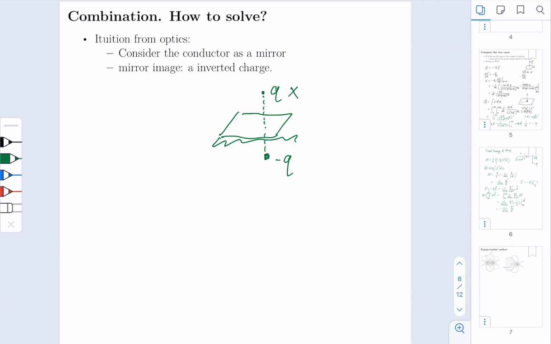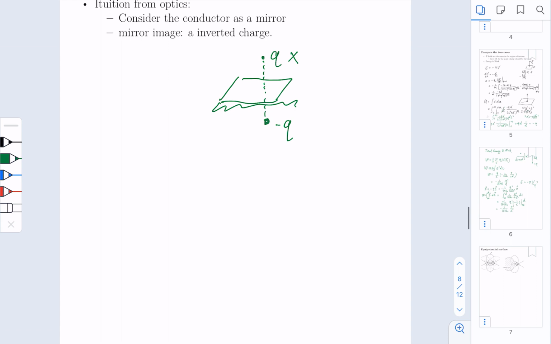And you can see a problem with two conductors. This is actually one of the homework problems. I'm trying to plot one conductor over here on the left, and also one conductor on the bottom.